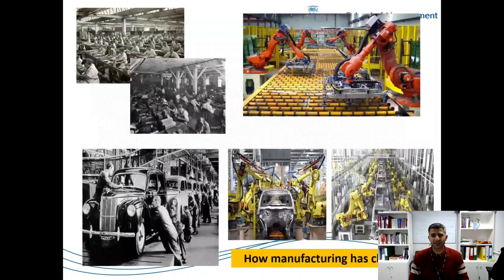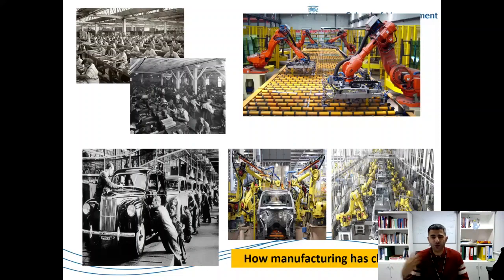Look at how manufacturing has changed from years ago, I don't know, 1950 or 60, with automation. So this is trying to tell you that the business becomes more complex.